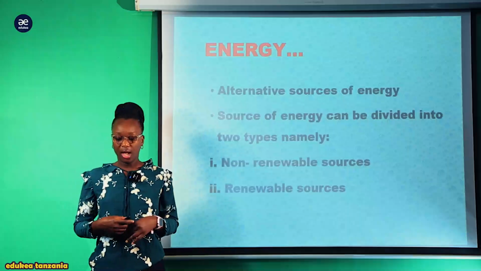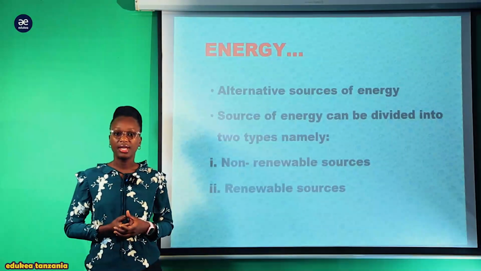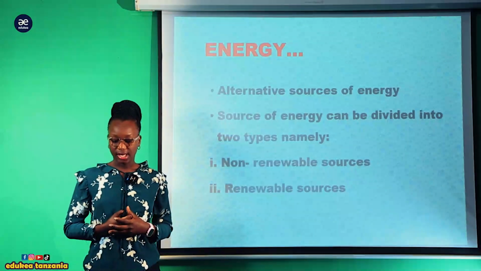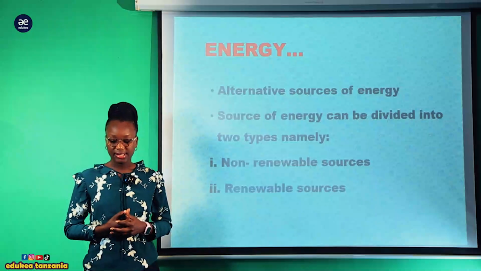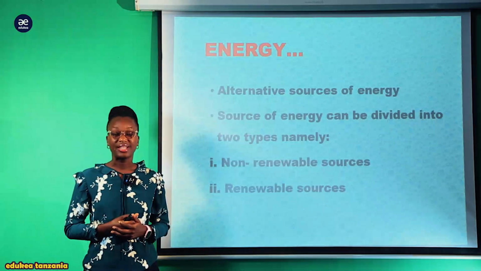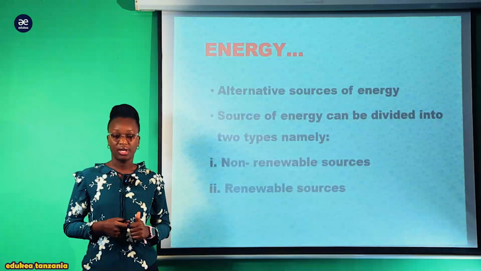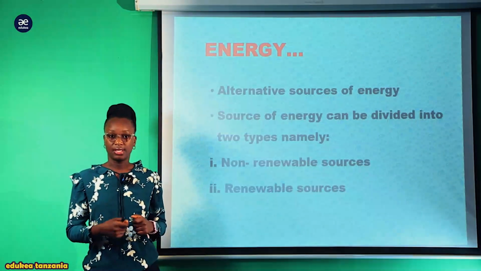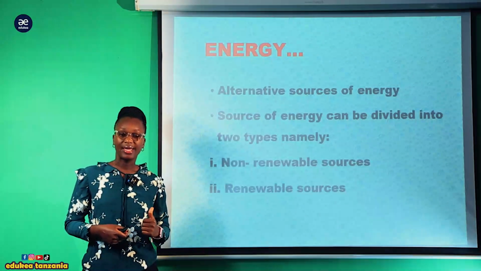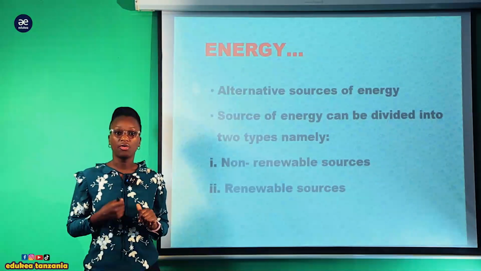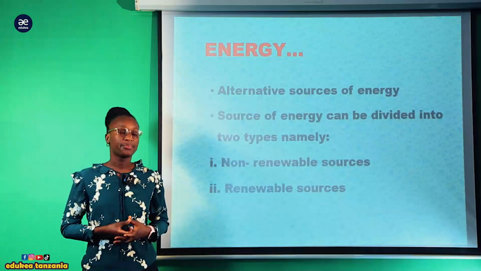Now my students, we have already seen the forms of energy, but here there is a concept of alternative sources of energy. There is a difference between forms and alternative sources of energy. These are sources of energy, and potential and kinetic are forms of energy. Don't get confused.